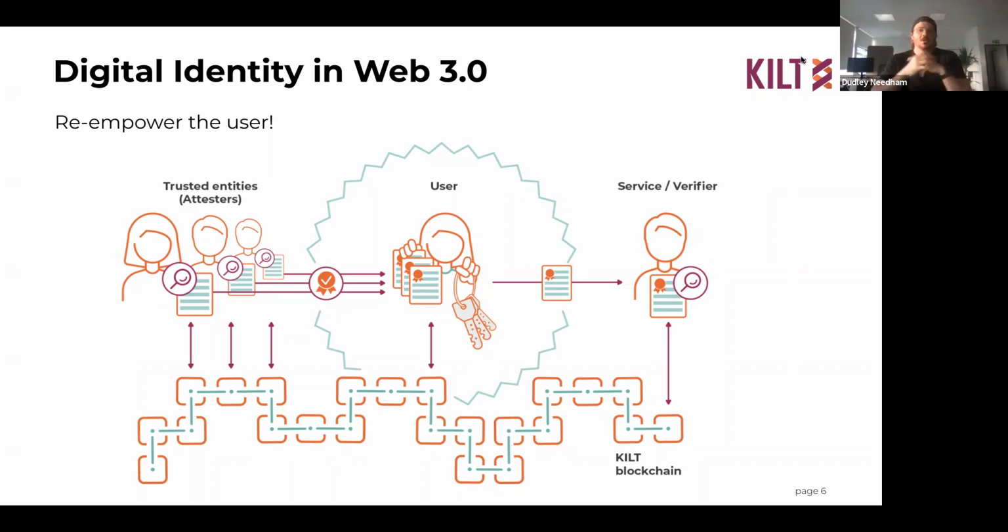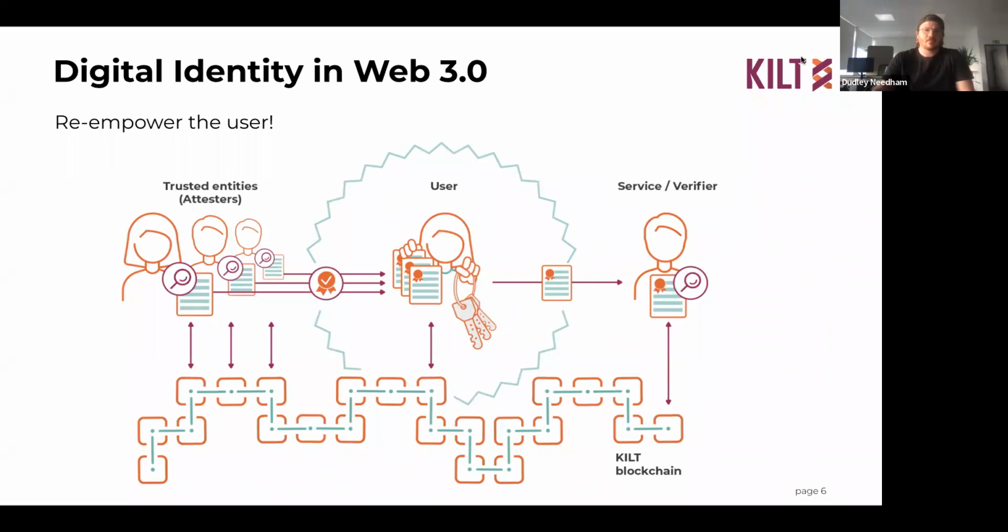We use the KILT blockchain to do most of the heavy lifting of having credentials and identifiers with the keys attached to them, the cryptographic material, and use that as a way to verify and attest those credentials. We will touch upon this a bit later, about how this workflow works.